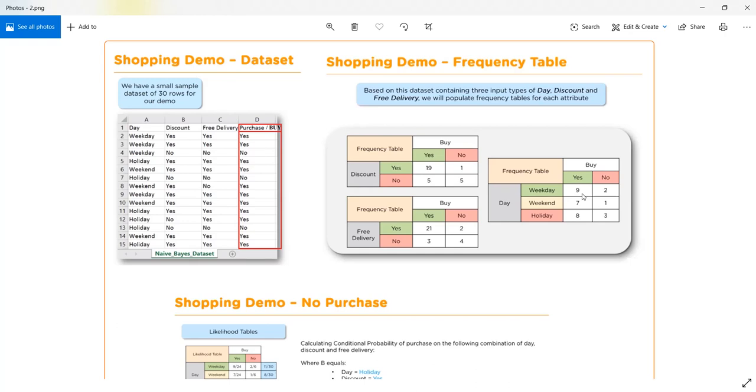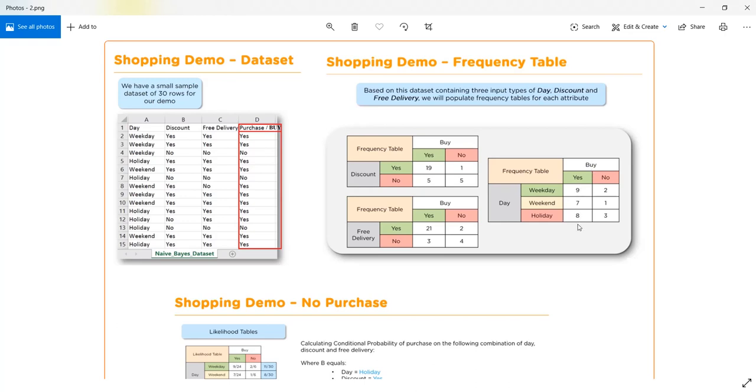Now what is this 9? The frequencies written in the white cells are conditional. What is the count of days or observations where the day is weekday and there is a purchase? It is 9. Similarly, what is the number of observations out of 30 in the data set where the day is weekend and there is a purchase? It is 7.